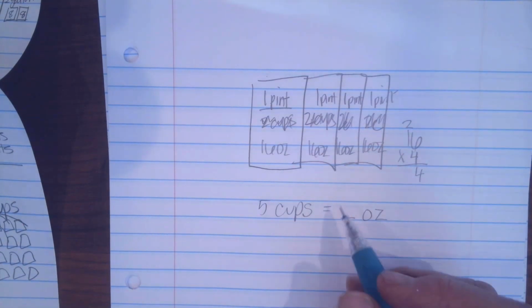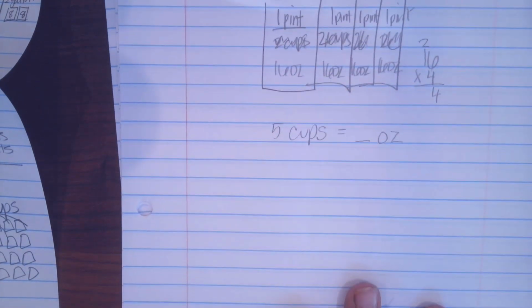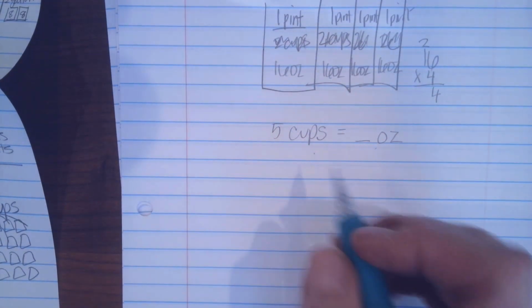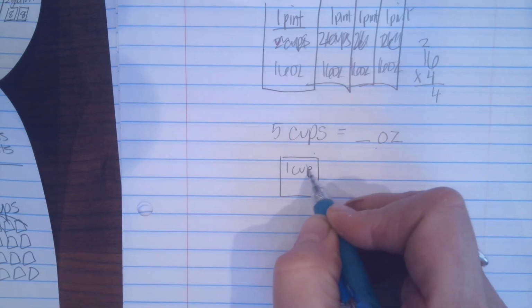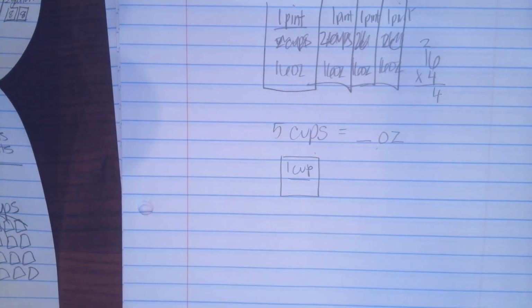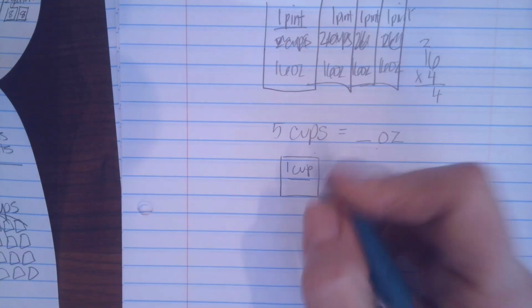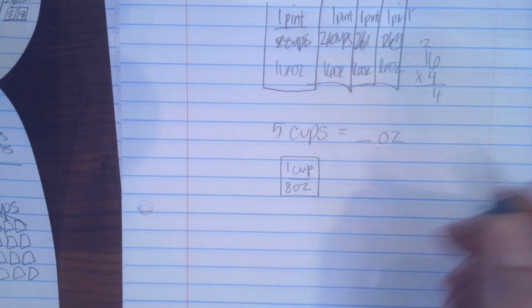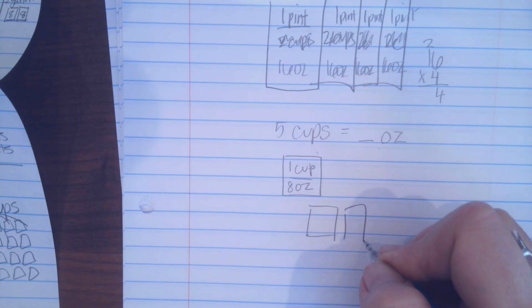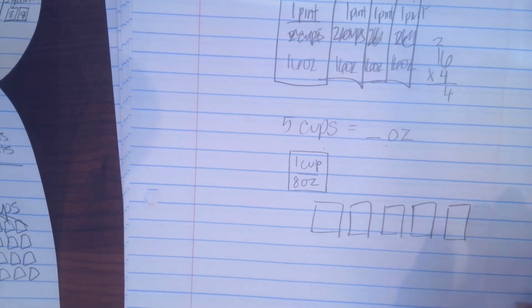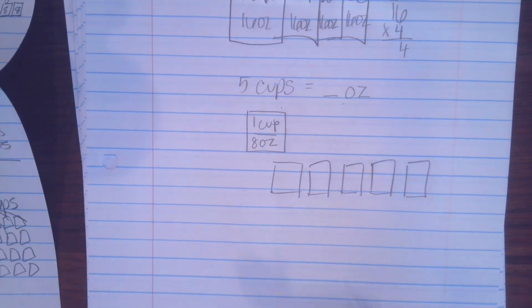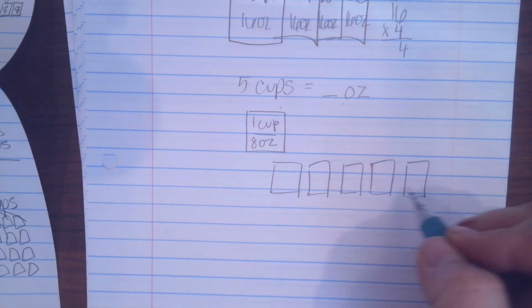Okay. Now we're going to do 5 cups equals how many ounces? So look on your paper and tell me, if I have 1 cup, how many ounces is that? 8 ounces. Okay. So I want you to draw 5 boxes. Oh, it's 8 times 5 is 40. Yeah, but go through the process so you can get good at it. 1 cup equals 8 ounces. So this is 5 cups.